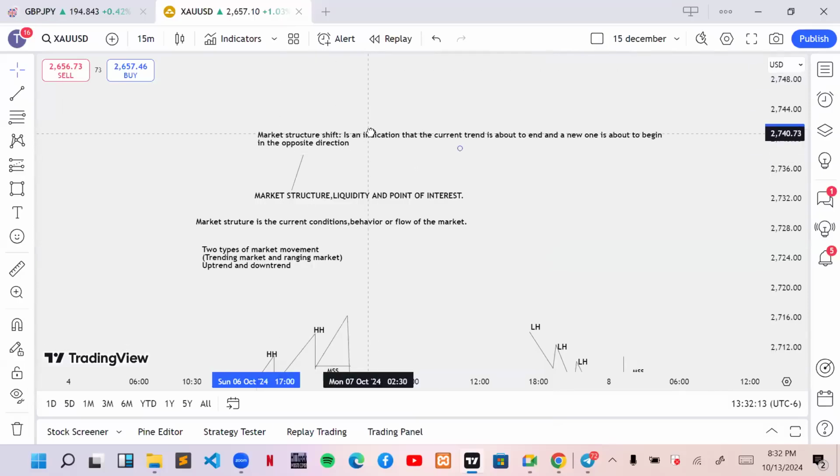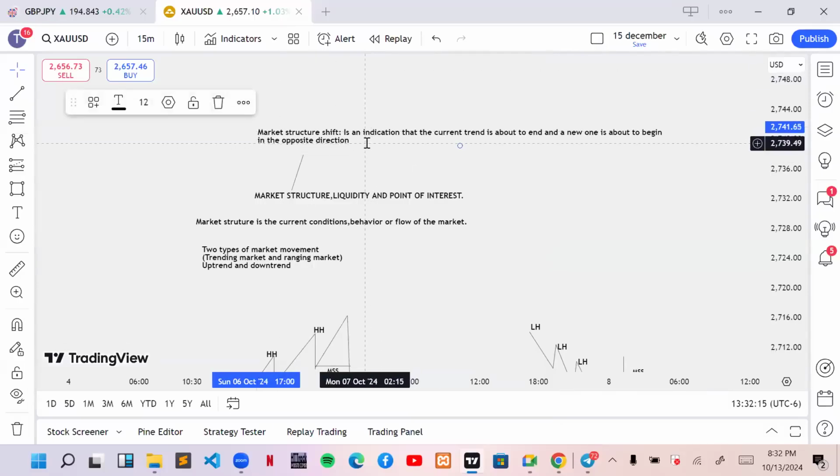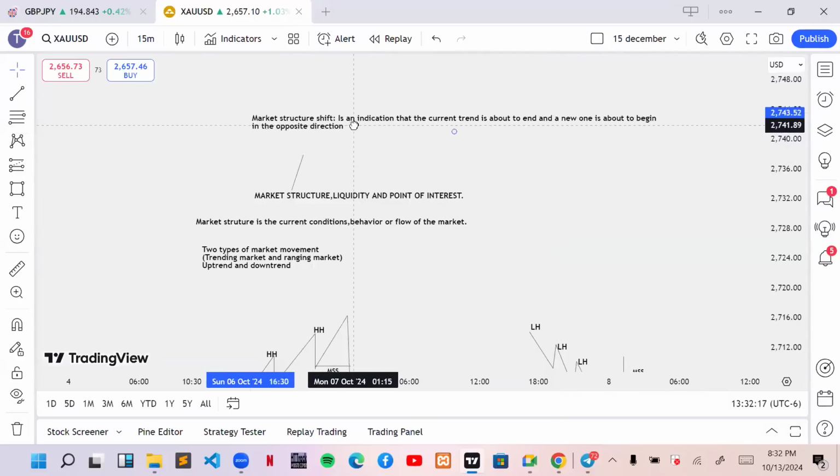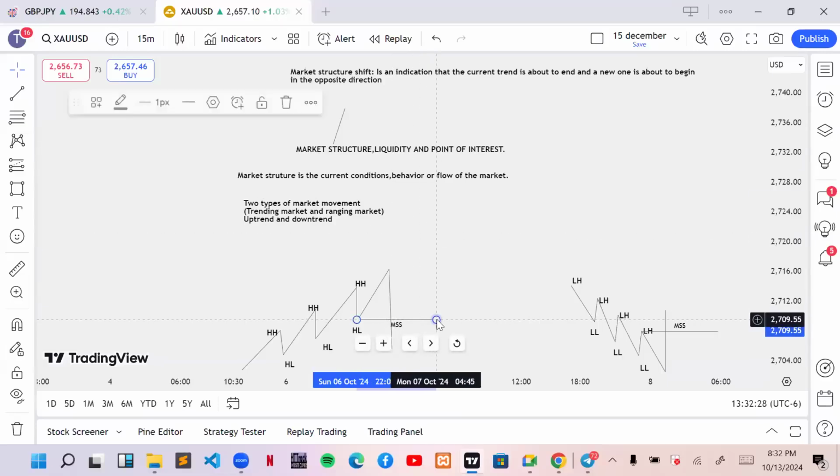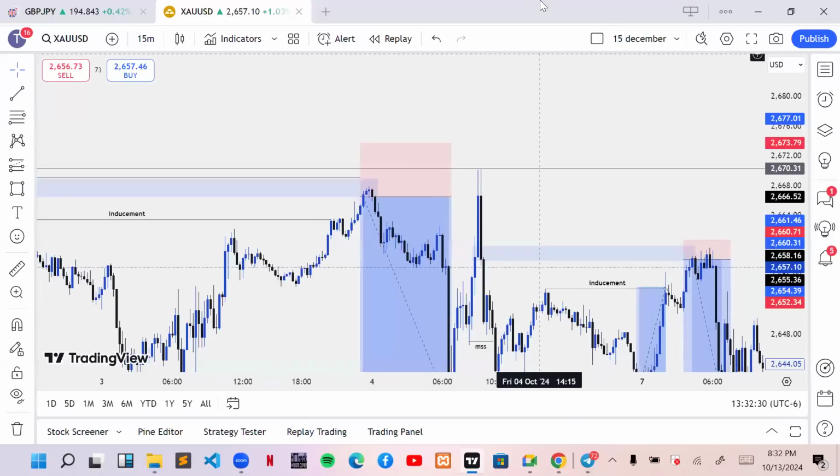So for market structure shifts, we're taking a trade in the opposite direction. If the previous trend was an uptrend, once you notice a market structure shift occur, instead of taking buys, you're going to be taking sells. That is what is meant by market structure shift.